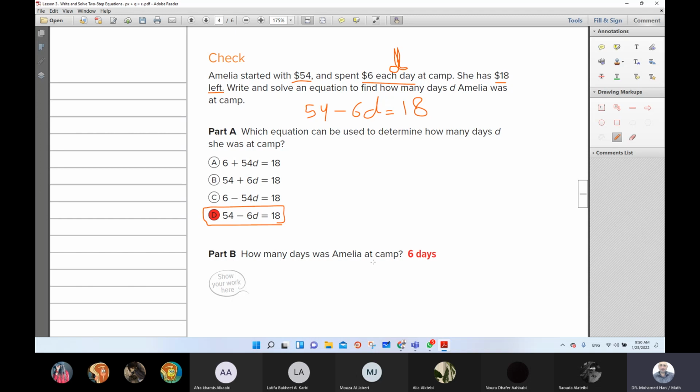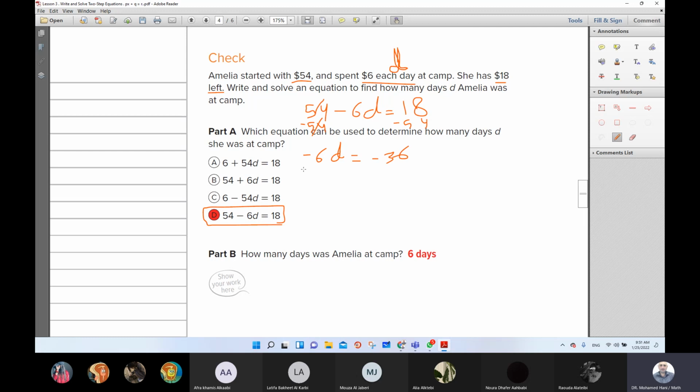Then how many days was Emilia at camp? We want to solve this equation to know how many days. We want to remove 54. So subtract 54 from the two sides. 54 minus 54 will be 0. And this side we have negative 6D equal, here, minus 54 plus 18, or 18 plus minus 54, will be minus 36.